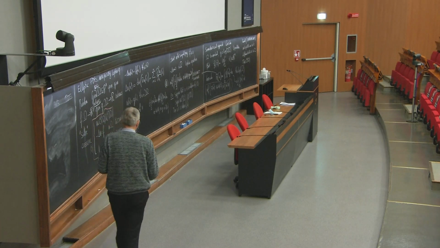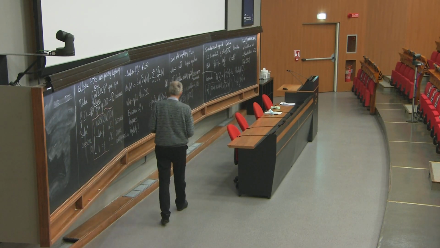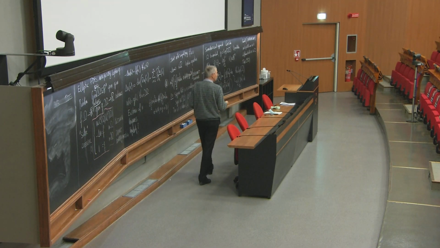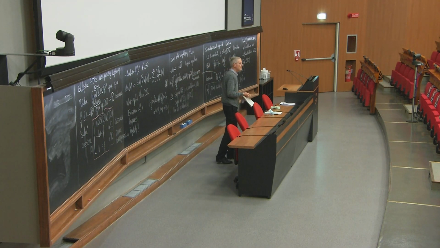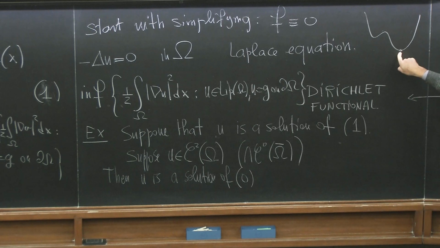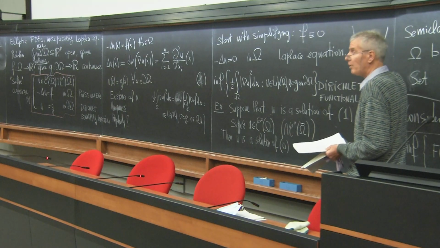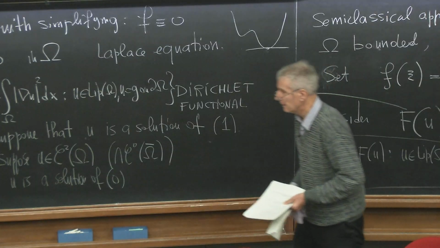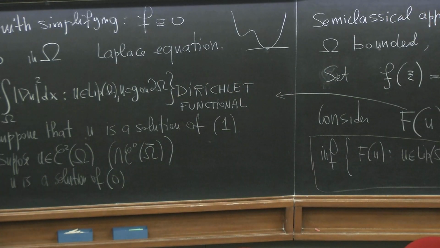So this remark is morally saying that if I have a minimum point, then this minimum point must be a stationary point in some sense, as in infinite dimension. When you have a smooth function of one variable, and you know that this is a minimum point, then you know that the gradient of f here must be 0 at this point, okay? This is sort of analogous, but in infinite dimension.